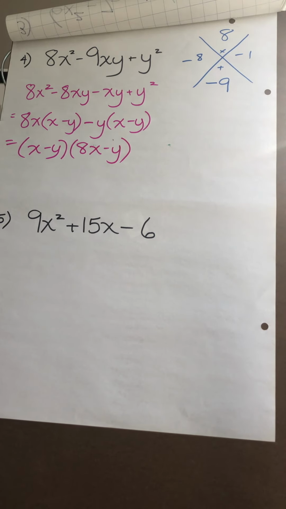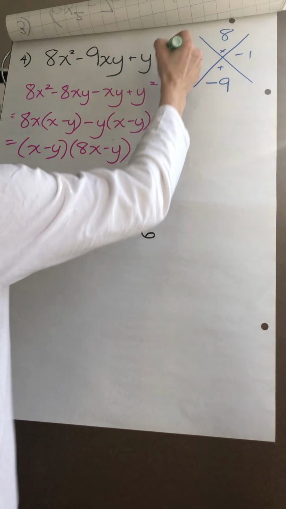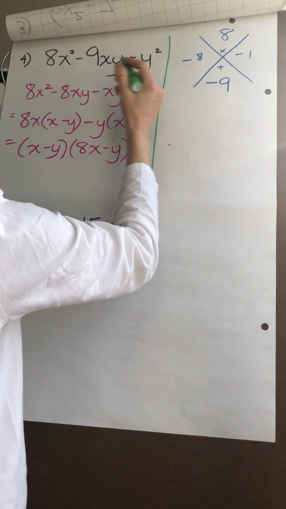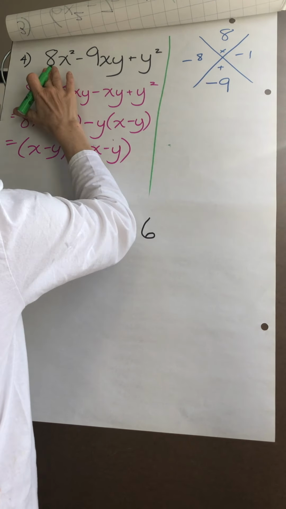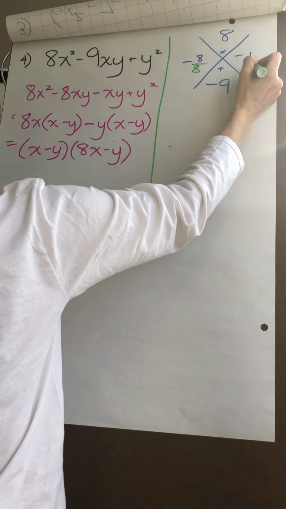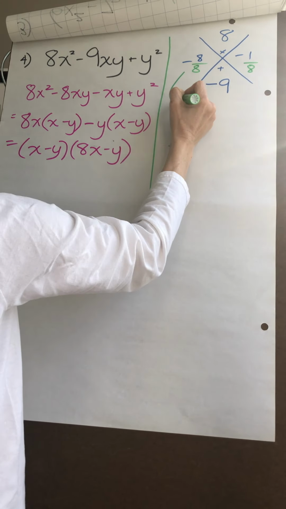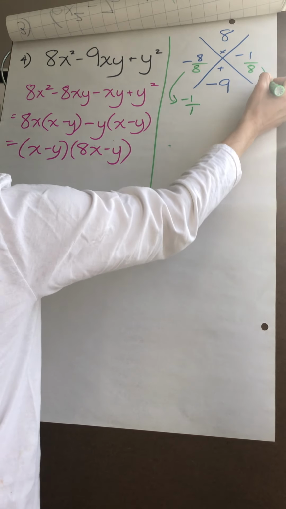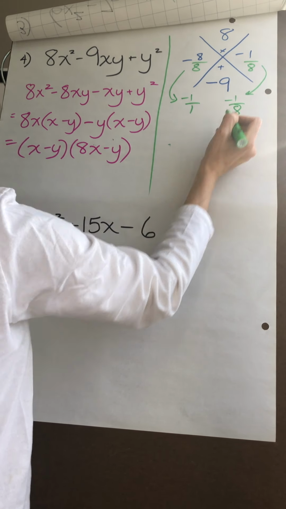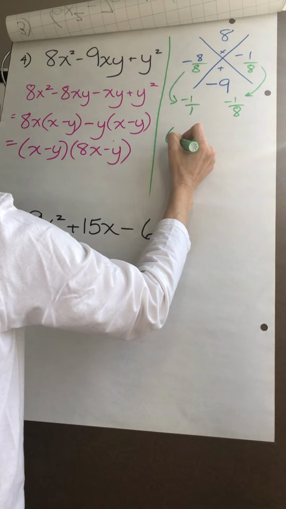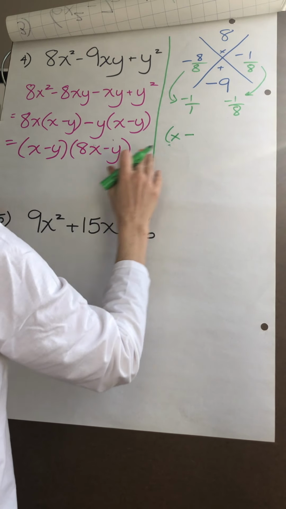Okay? And once again, if we were to be quicker, we would do this same thing, go back, divide by 8 on both sides. It's always divide by a, always. This reduces to negative 1 over 1. This stays negative 1 over 8. And so I get x minus, now this is where you got to be careful.